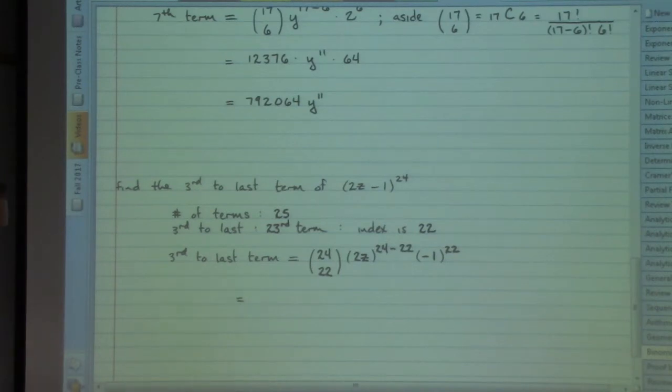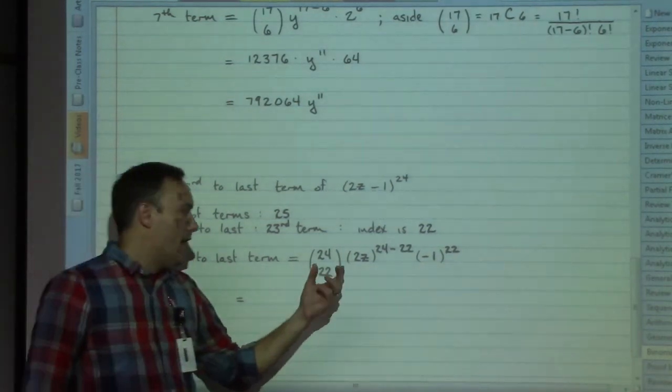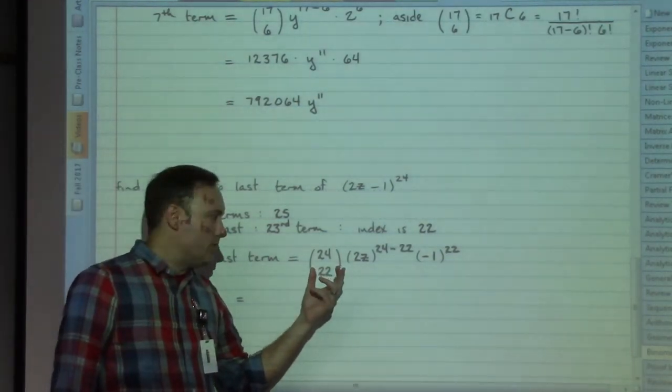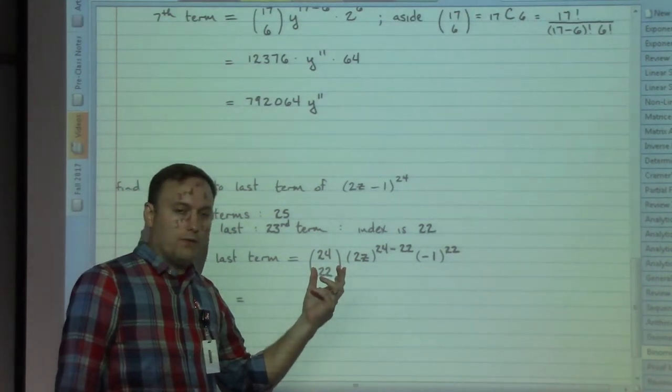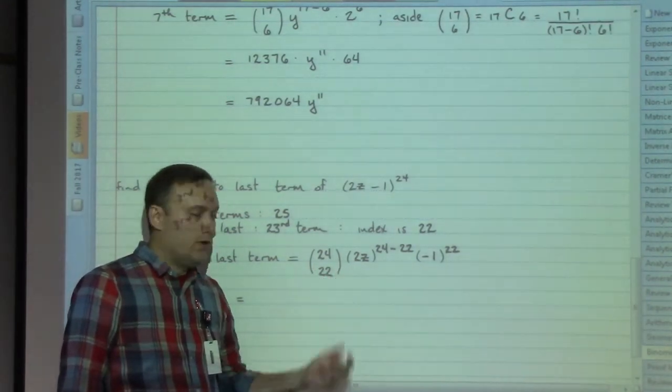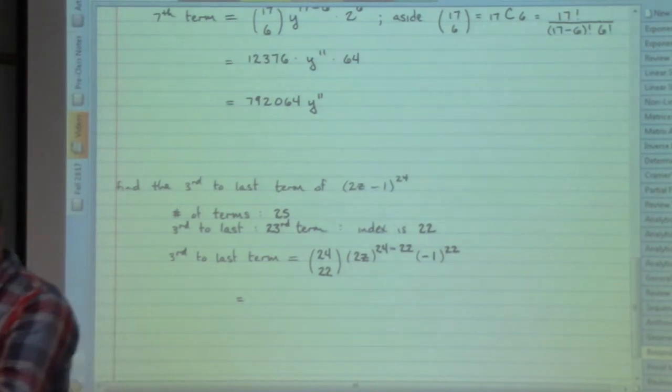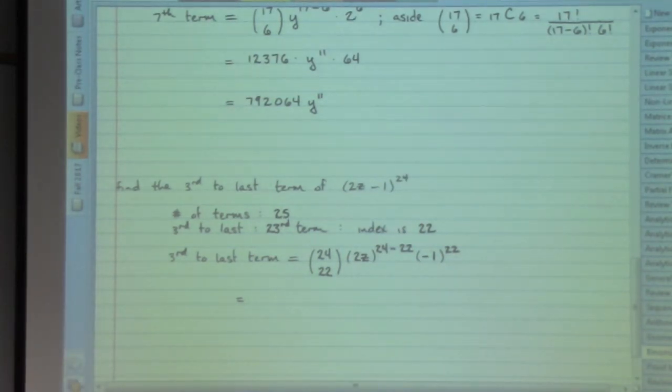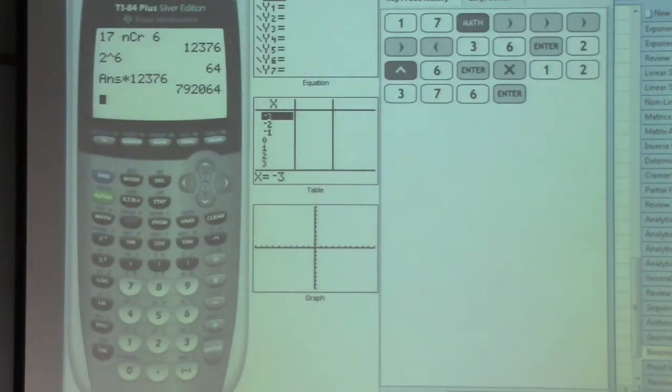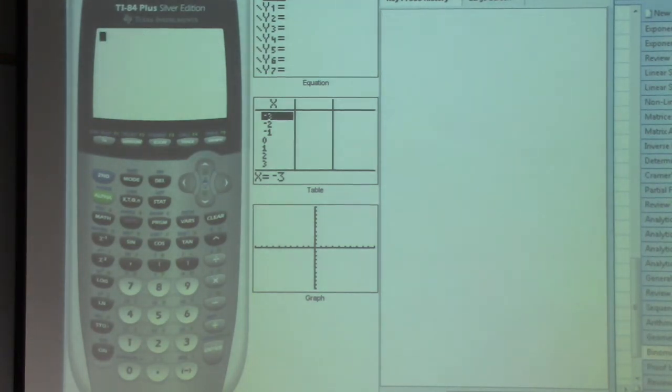So now we can either use our formula with the factorial business and work out this coefficient, or we can switch back over to the calculator and work out that coefficient. So let's go ahead and clear things out here, start fresh. 24 is the first number. We need to bring up the combination.